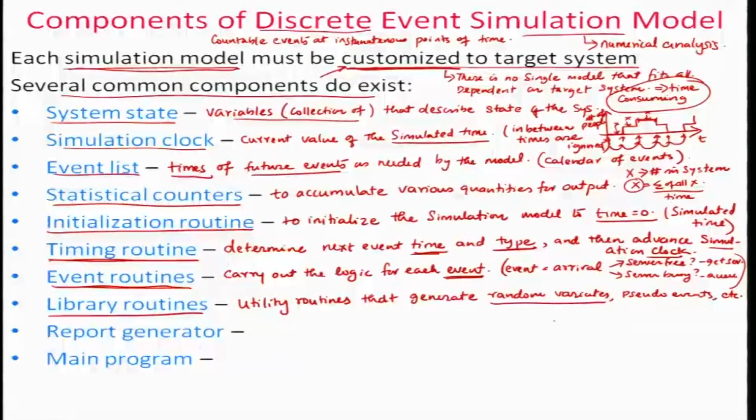Why? Because the random variates are used for simulating uncertainty, or what we call the stochastic part of the simulation model, which is done with the help of the random variates. So, the routine that generates the random variates, so that you can model uncertainty, is taken care of as part of this particular library routine.